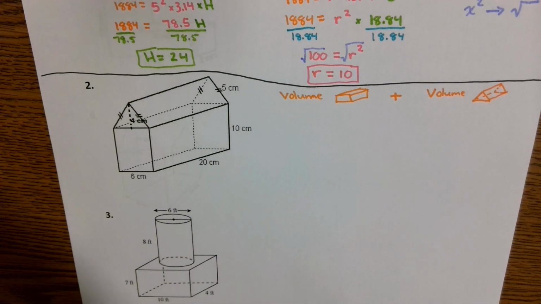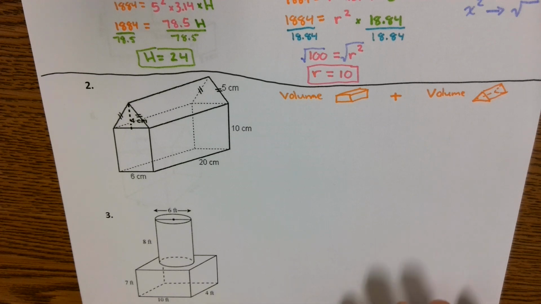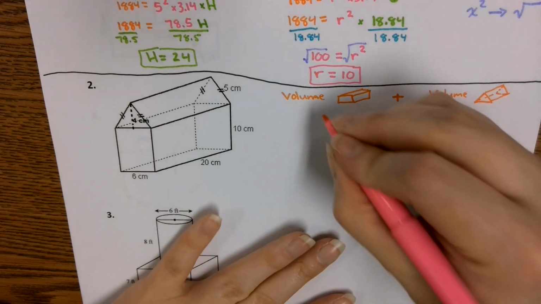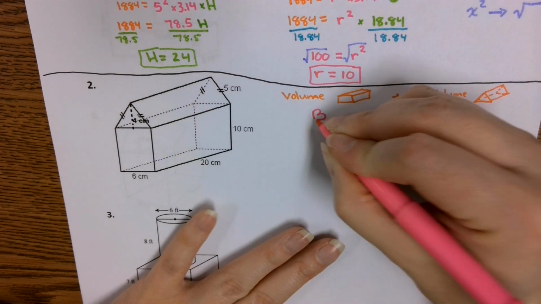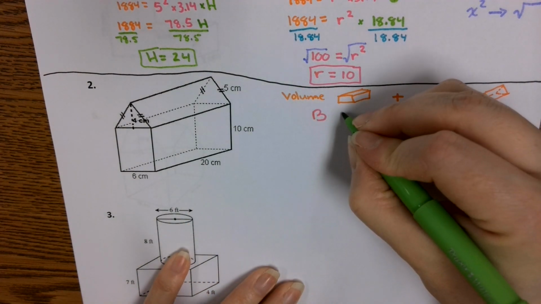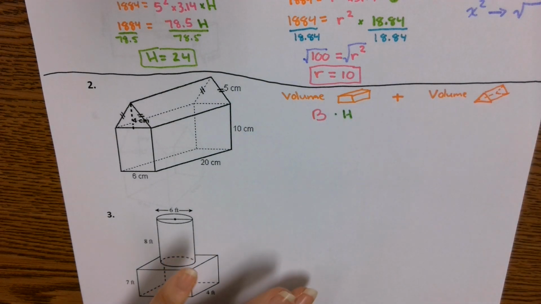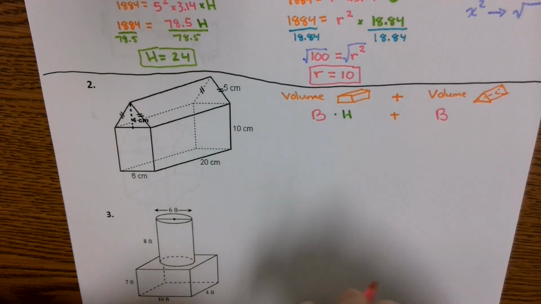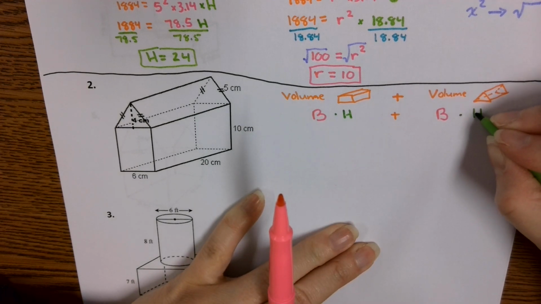That's all we're going to do. Find the volume of both prisms and then add the volumes together. So for here, again, like I said, the formula is always going to be the area of your base shape multiplied by the height, plus the area of this base shape multiplied by this one's height.